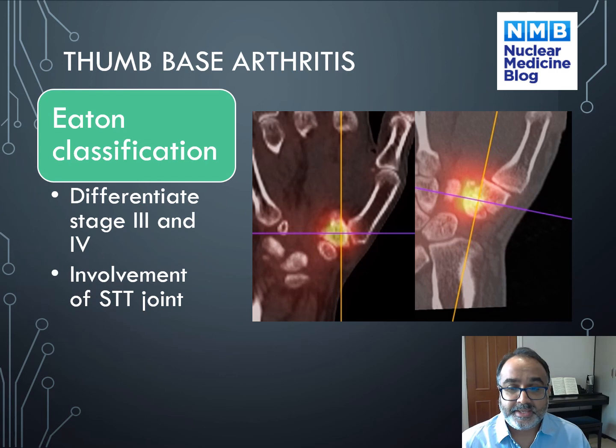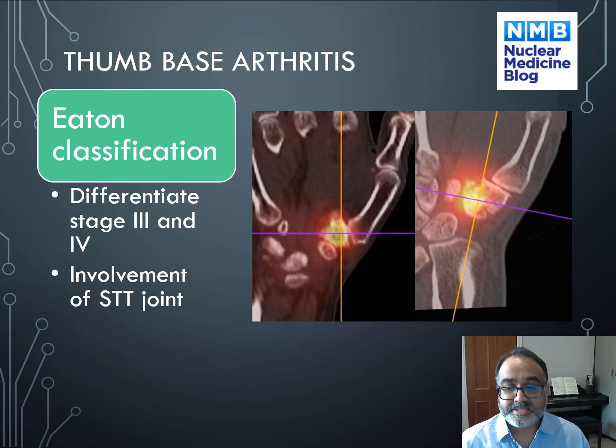The reason why SPECT-CT is very useful is because the surgical management depends on whether the STT joint is involved or not. So that's the articulation between the scaphoid, the trapezium and the trapezoid bones. There is an Eaton classification that surgeons may well use in order to determine whether that joint is involved or not, and that is based on plain films and also clinical examination.